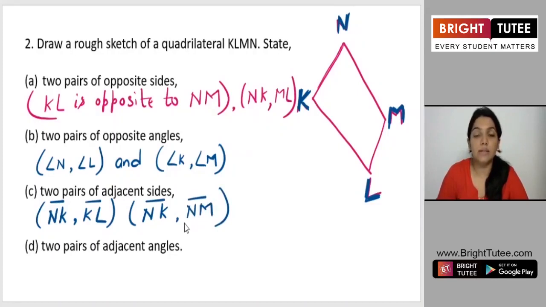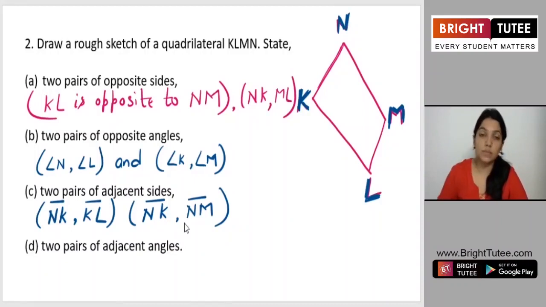I hope this is clear. These are the two pairs of adjacent sides. You can write more in the same figure. If you choose the line KL, then you have NK and ML. They both are sitting adjacent to KL. Similarly, if you are looking at ML, then KL and NM are sitting adjacent to ML, right?